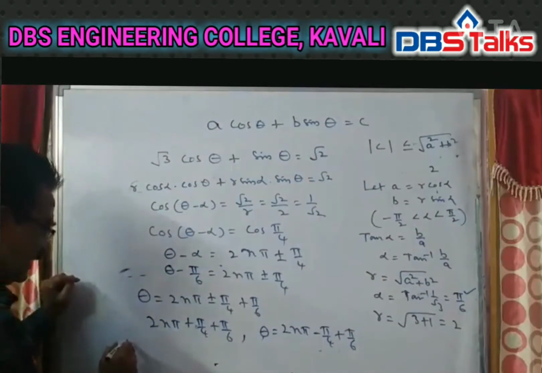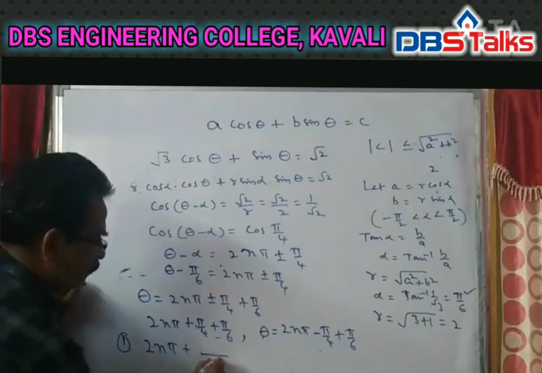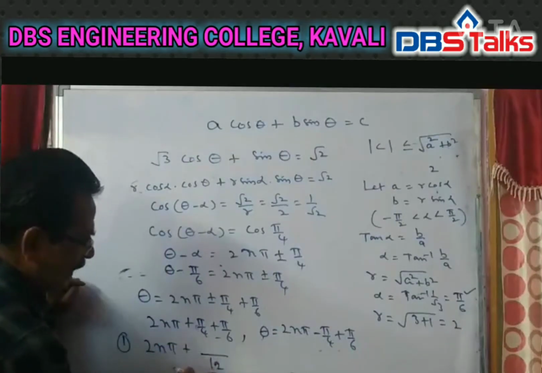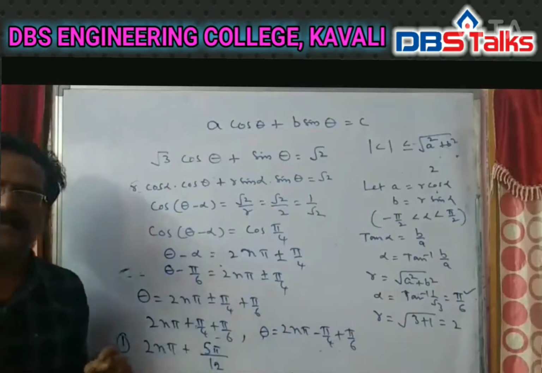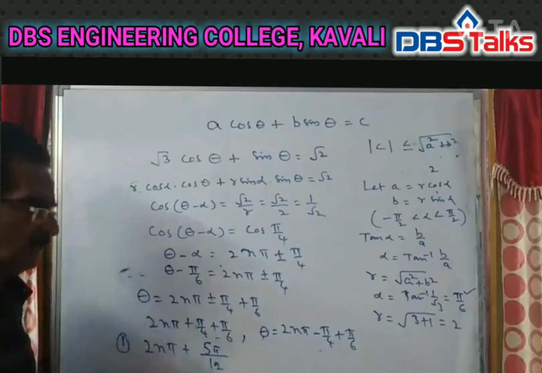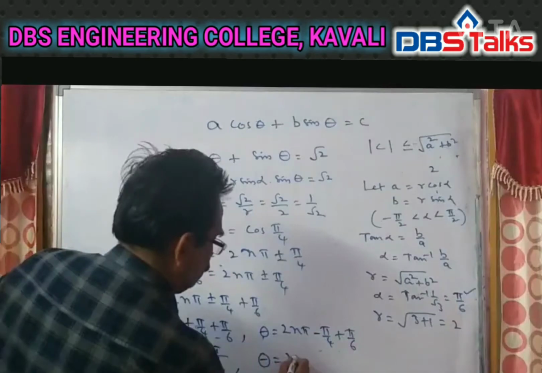Okay, friends. Now let us see this equation. First solution: 2n pi plus, LCM 12, 4 3s is 3 pi, 6 2s is 2 pi, so 5 pi by 12. 2n pi plus 5 pi by 12 is one solution.